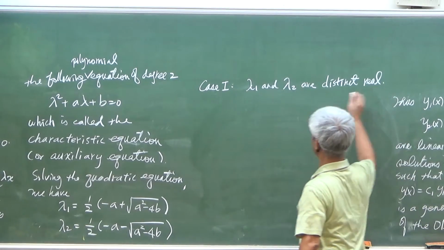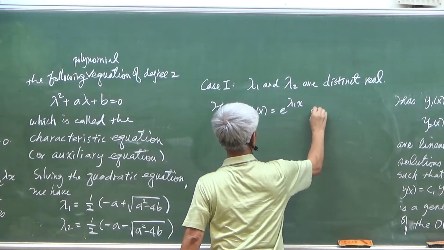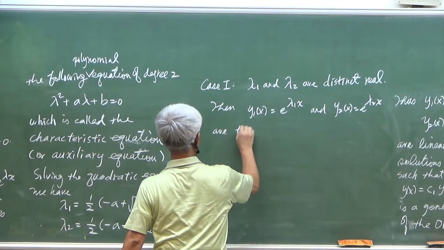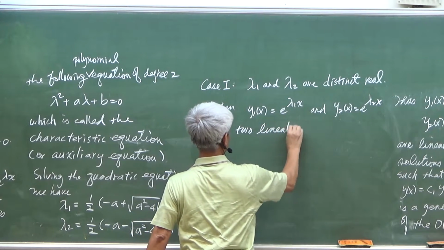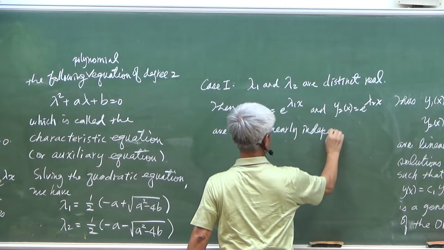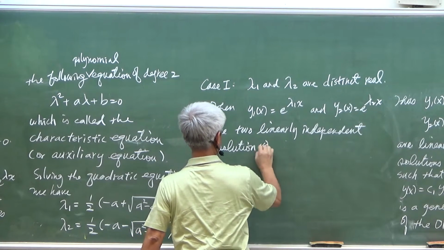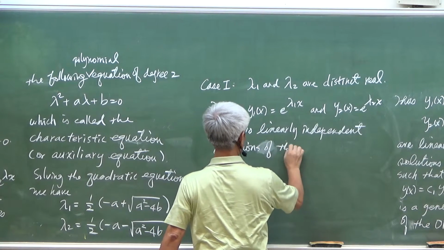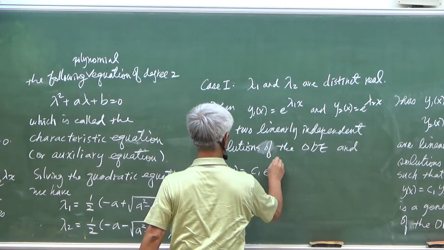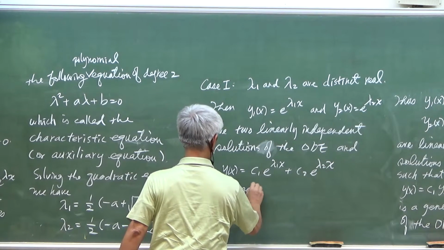In this case, y1 of x and y2 of x are two linearly independent solutions of the ODE, and y of x equals C1 e to the lambda 1 x plus C2 e to the lambda 2 x is a general solution.